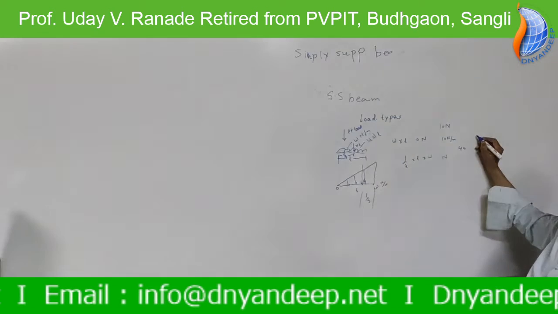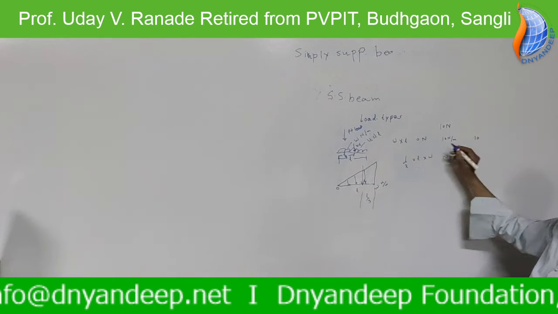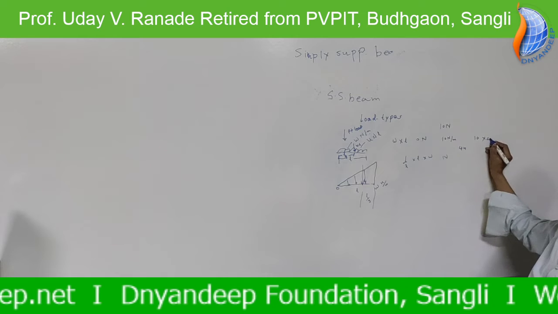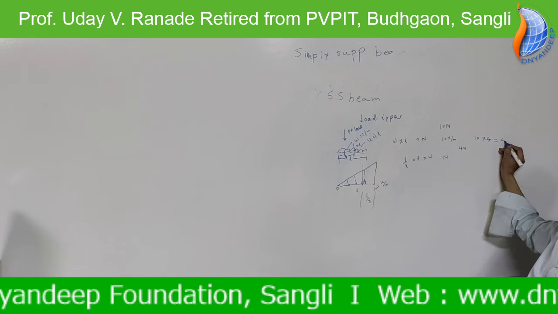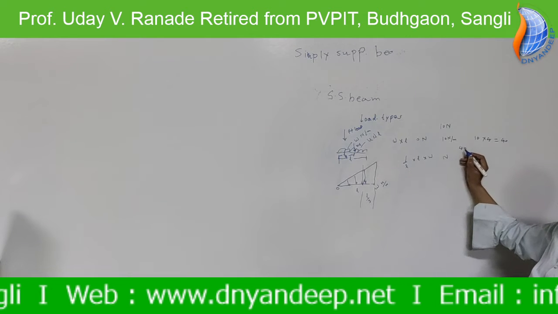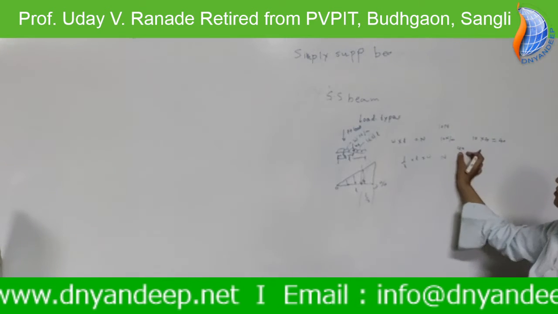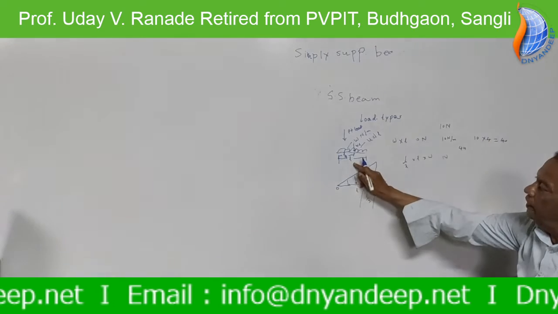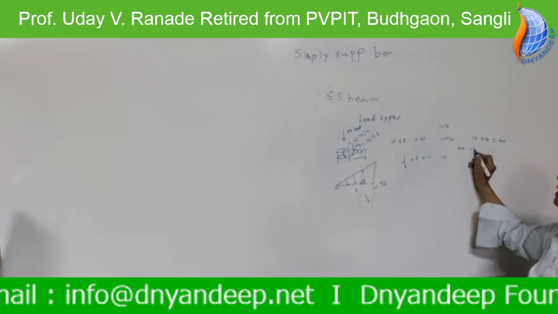Then the load is 10 into 4 equal to 40 Newton and acts at 2 meters from left end. Half of 4, half of L, that is, it acts at 2 meters.